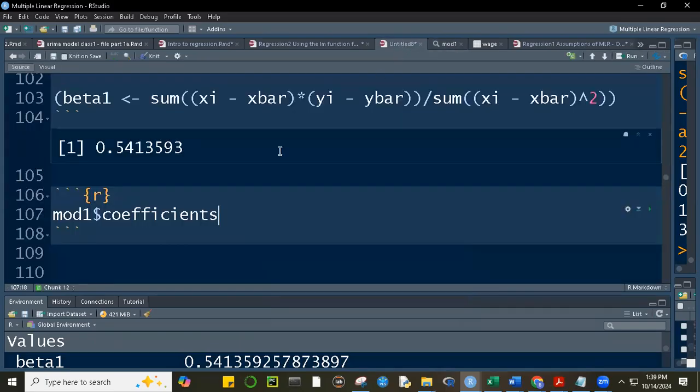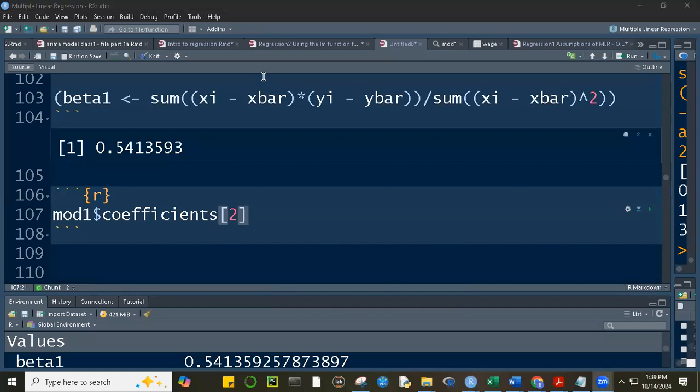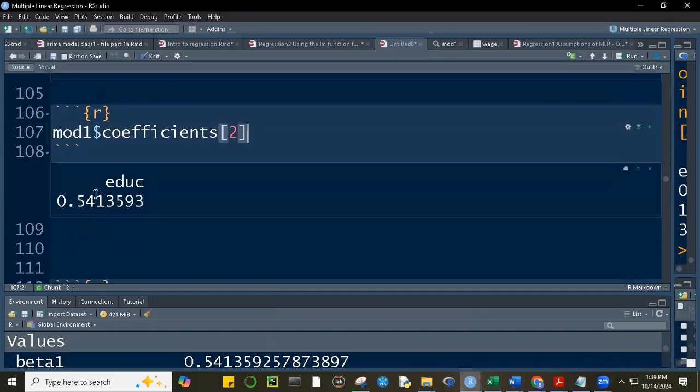So, if I'm going to use this one, mod 1 coefficients, dalawa yan, di ba? What I need is the second one, which is the slope. Tingnan nyo yan, class. Run nyo yan, and let's see if you get the same 0.54 then. Okay, if I run this, yeah, pareho din.